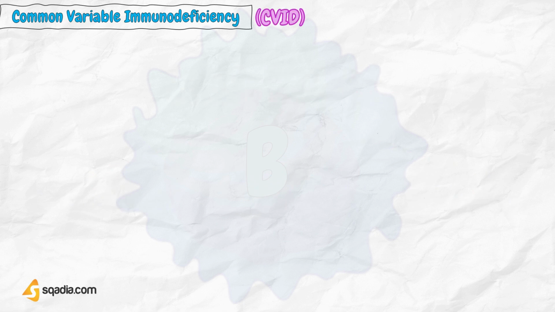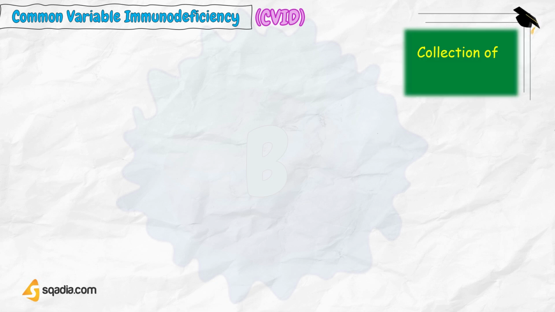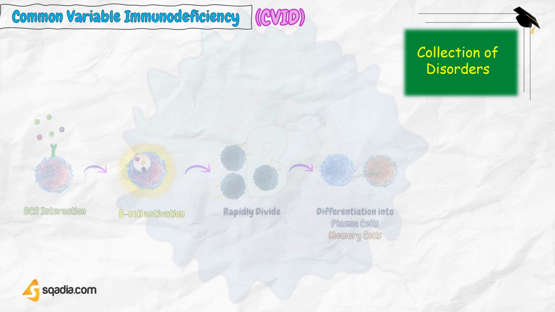Moving on to the next deficiency, which is common variable immunodeficiency, also known as CVID. This is actually a collection of many disorders with variable degrees of immunodeficiencies. There is a defect in B cell maturation.